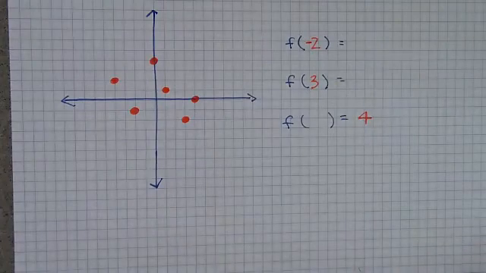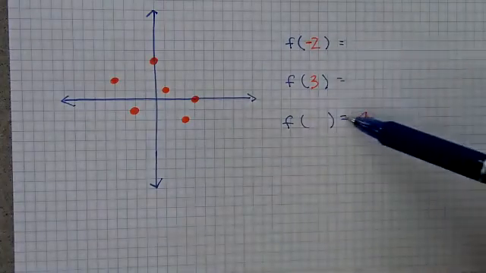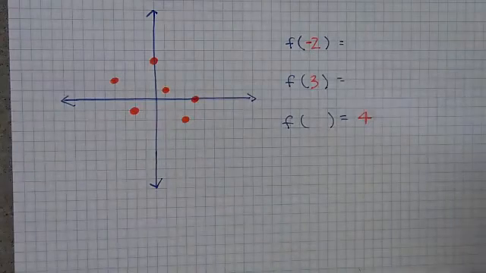We're given these values, f of -2, f of 3, and then we're looking for what x gives f of x equal to 4.